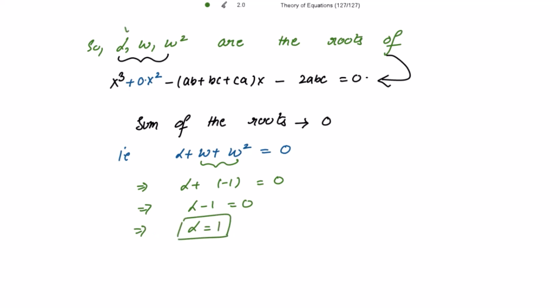That means the third root that we considered as alpha for this cubic equation is equal to 1.